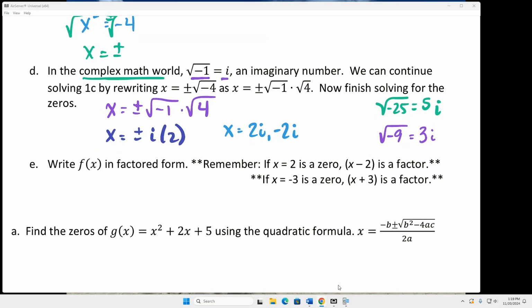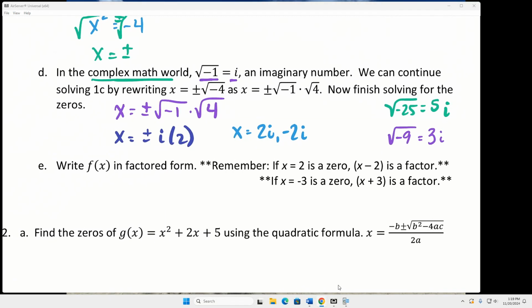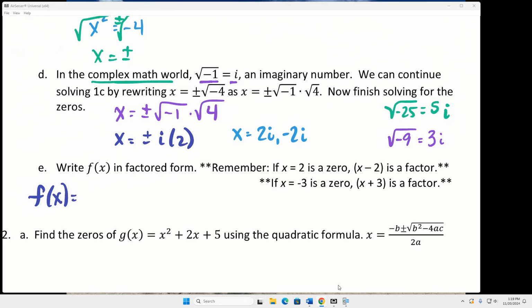And then yesterday we did factored form and zeros and all that. And we've done this before when you've had the zero and you've written the factor. So we're going to do that also for f of x. So there's two zeros, so we should have two factors. And when we've done these factors before, the first thing in the factor is always an x.